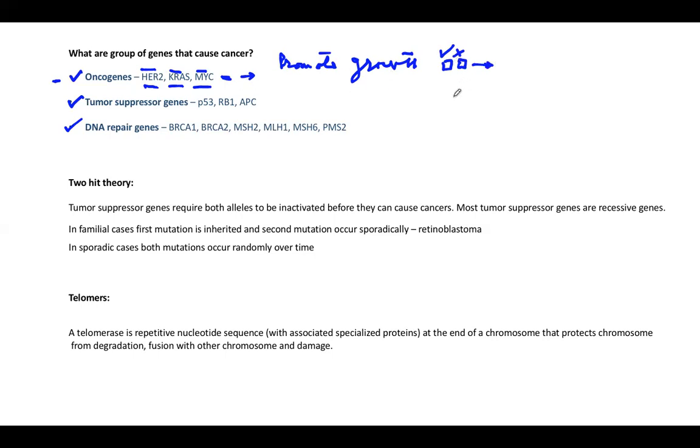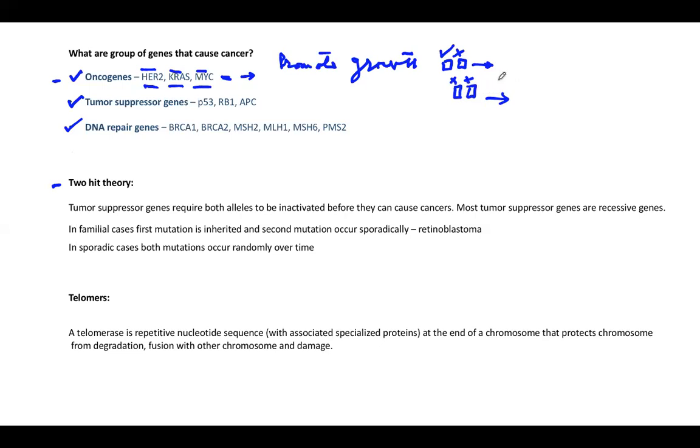But tumor suppressor genes have two copies, and these are usually recessive genes. So they have to have both copies deleted before they can make cancer. So this is called two-hit theory. In tumor suppressor genes, they are usually autosomal recessive, and both copies need to be abnormal before they can cause cancer.